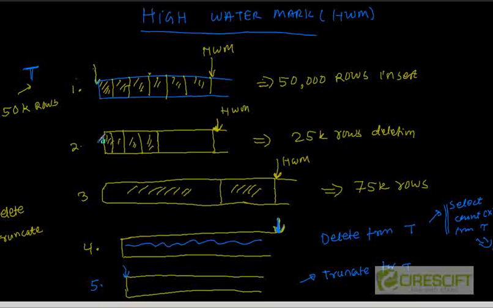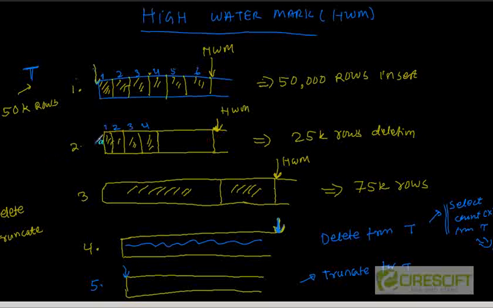Okay, the next concept I am going to discuss is called free list. Every table or every object will have a free list. Free list essentially contains which blocks are free. So for example, let's say we number the blocks 1, 2, 3, 4, 5, 6. Essentially the free list will contain the blocks which are under the high water mark and are free for further insert.